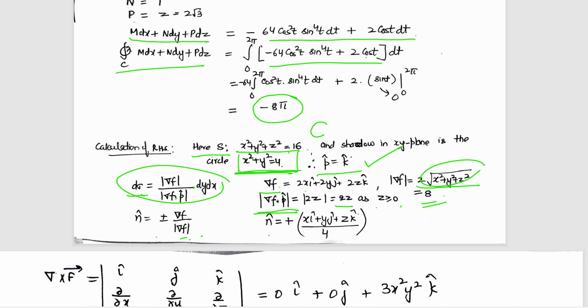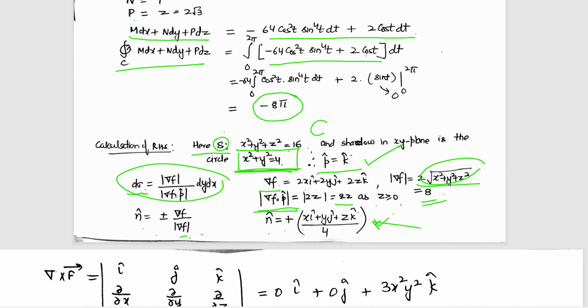For that, we pick some point on our surface, we substitute the coordinates of this point here, and if we get an outward drawn normal to the surface, then we have to choose the positive sign. In case we choose a positive sign and we get an outward drawn normal, then that means we chose the correct sign. Alright, so now we have the surface element and n cap.